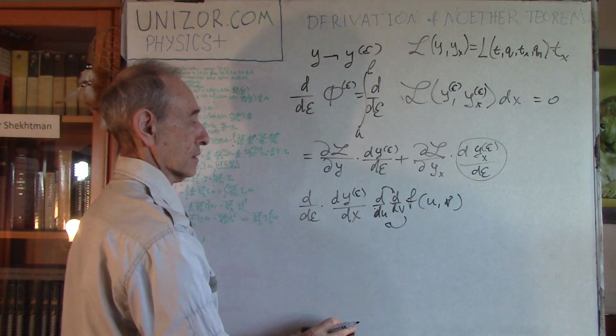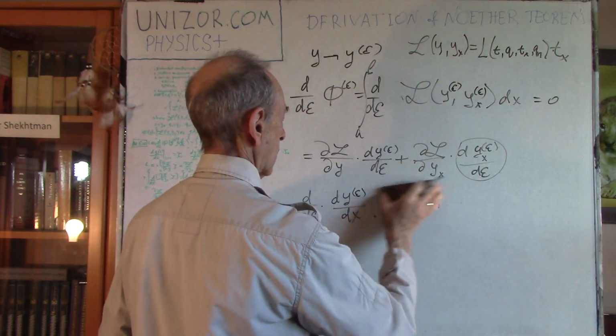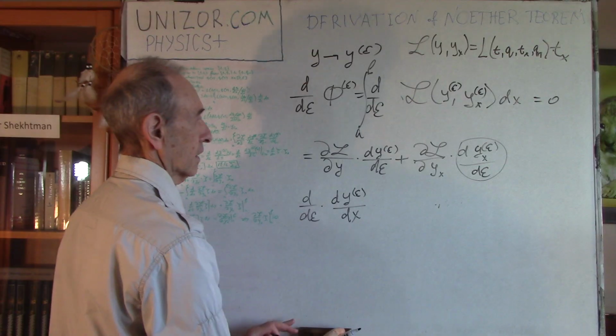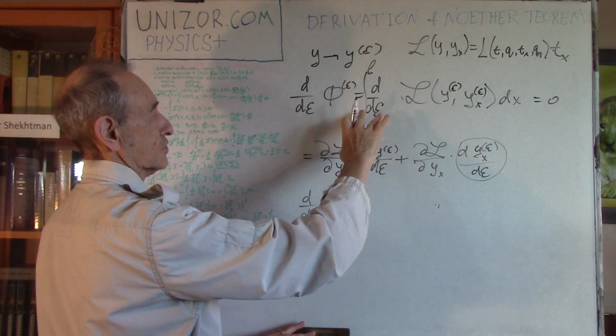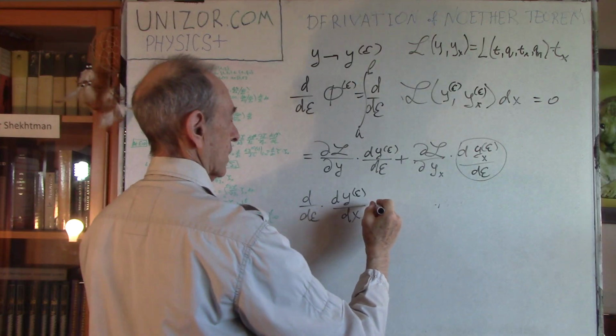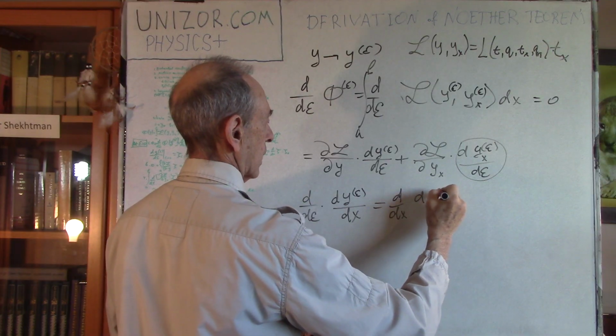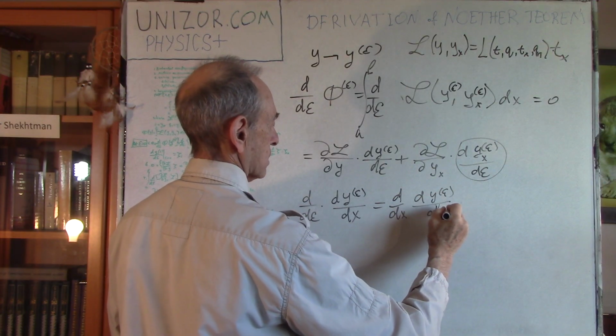Again, there are mathematical theorems, but with smooth functions it's all fine. So I'll do the same thing, in as much as I changed differentiation and integration order, I can change the order here. That would be d by dx of dy by d epsilon.